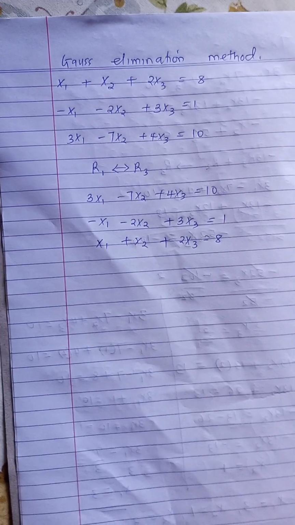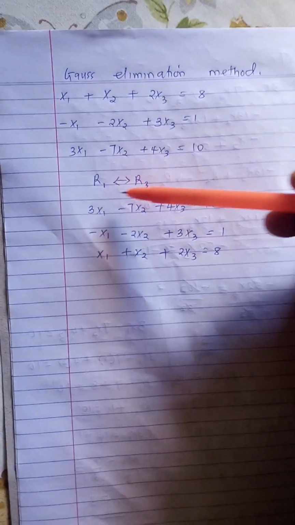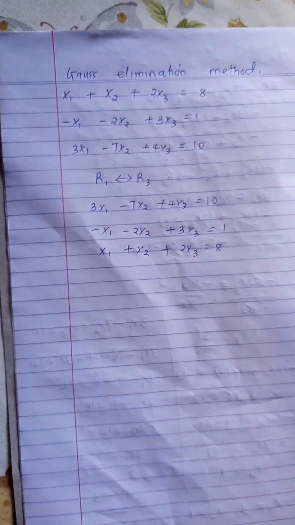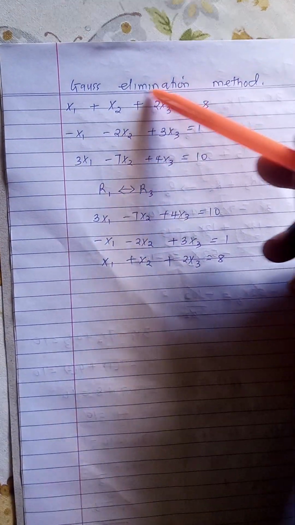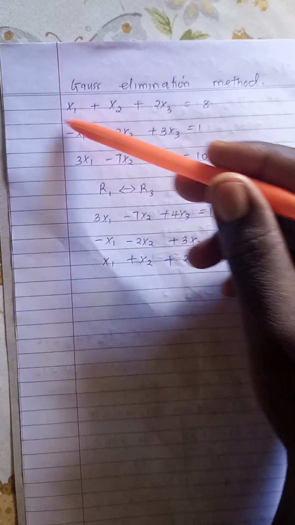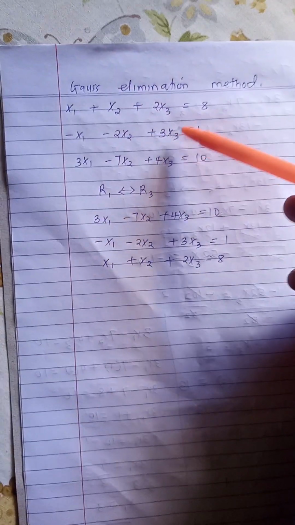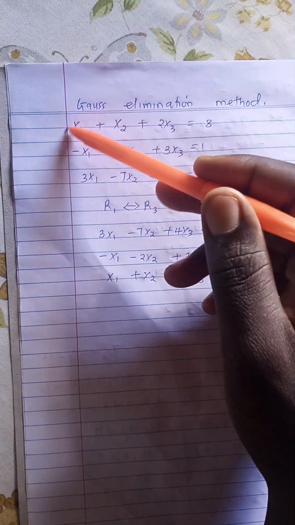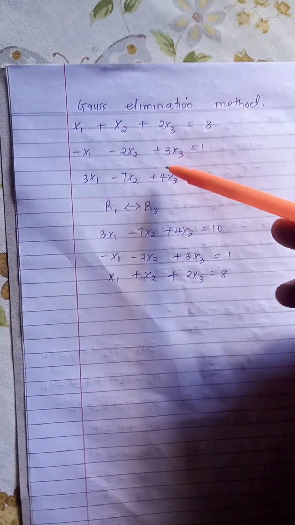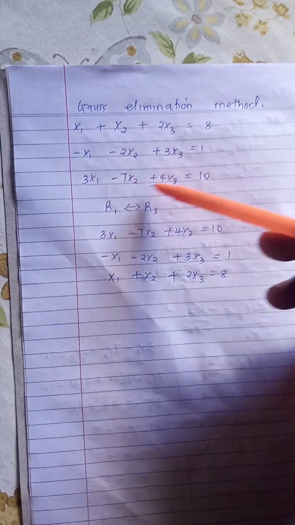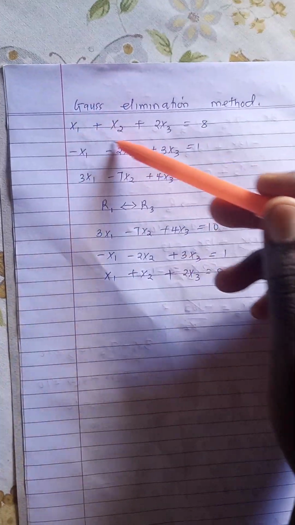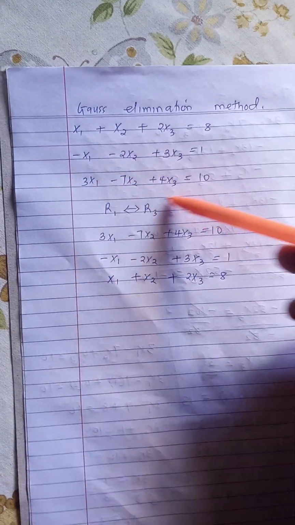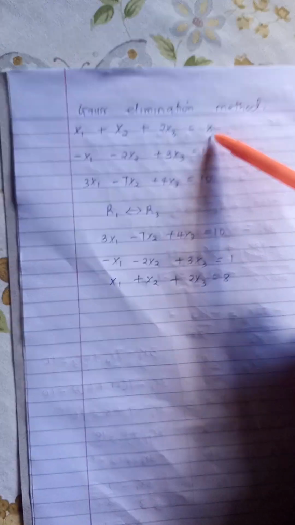If, for example, this is row 1 and this is row 3, swapping row 1 with row 3 means this is the position of the first row. So swapping means interchanging the position. If this was in the first position and I am swapping with equation 3, that means I will put this equation 1 in the third position, and I will also put this equation in the first position.